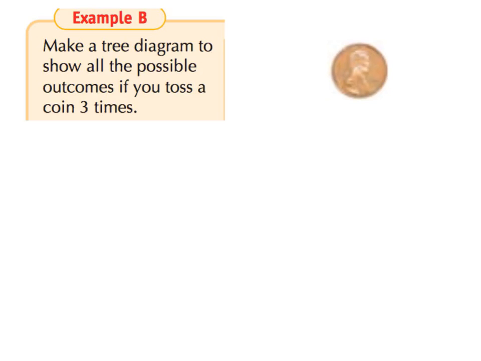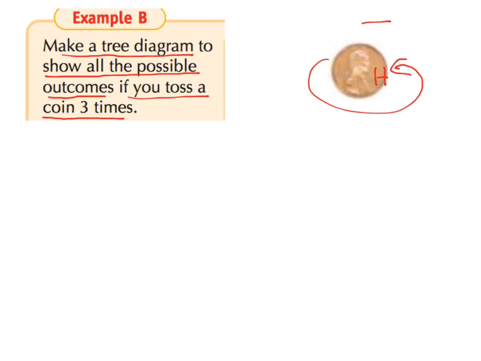Make a tree diagram to show all the possible outcomes if you toss a coin 3 times. You know, a coin has 2 sides, heads and tails. If this is heads, the one behind it is tails. So if you toss a coin 3 times, what are the possible outcomes you can list down? Let us see.